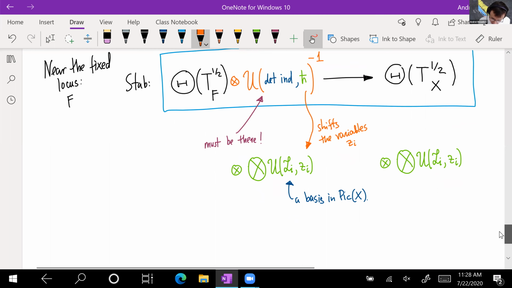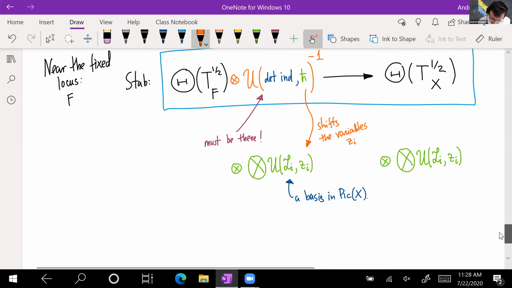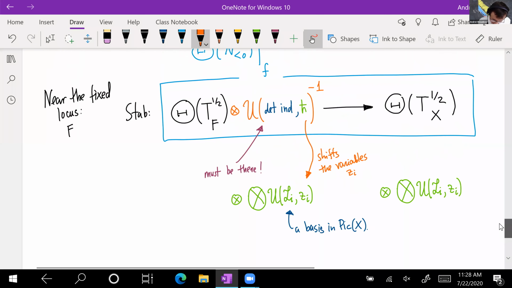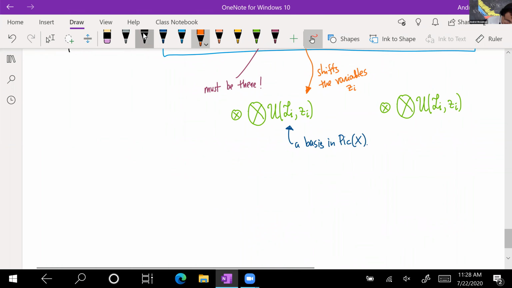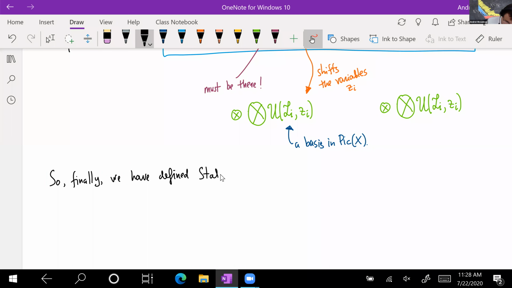Okay, so now we got started. At least we have defined stuff in the neighborhood of the fixed locus.